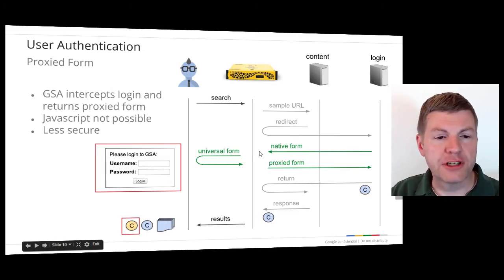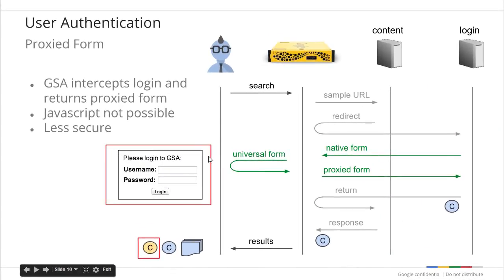It then presents the universal login form from the GSA rather than from the login server. The user fills out that form, sends it back to the appliance, which then substitutes the user's name and password into the login server form and sends that data back for login server authentication.